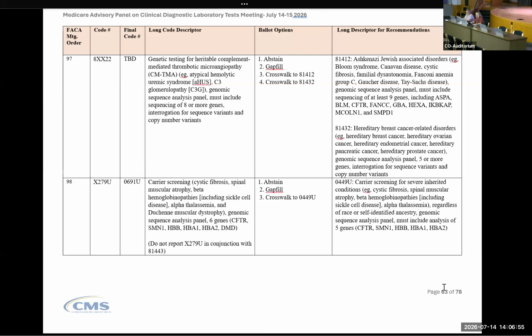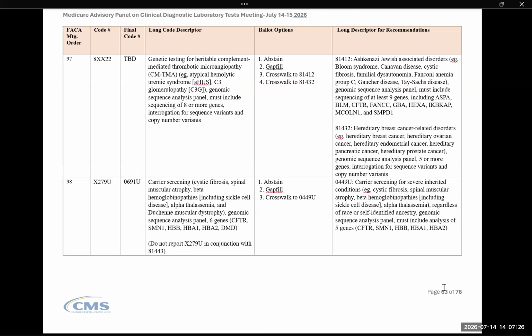Thank you. All right, next up, we have X279U with a new code number of 0691U. And Dr. Hooker will be taking this one. Hi, yes. 0691U, carrier screening for cystic fibrosis, SMA, the hemoglobinopathies, alpha thal, and DMD.